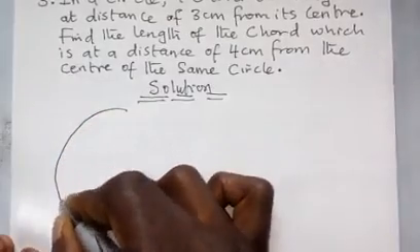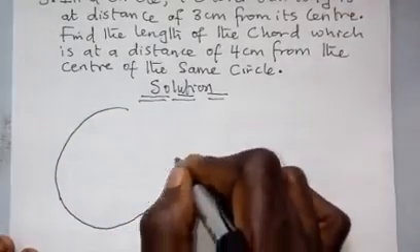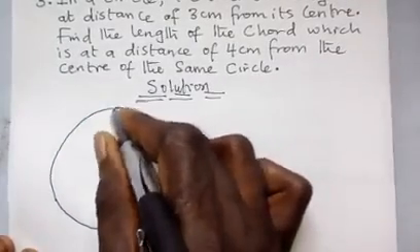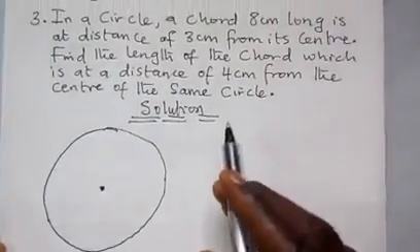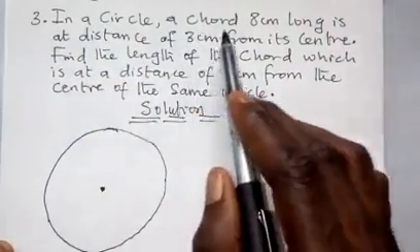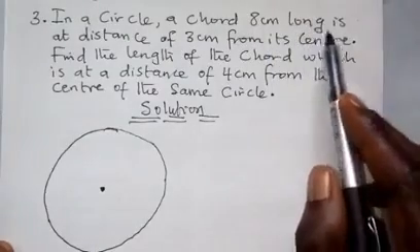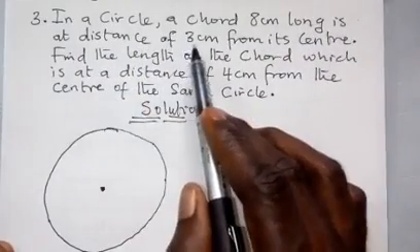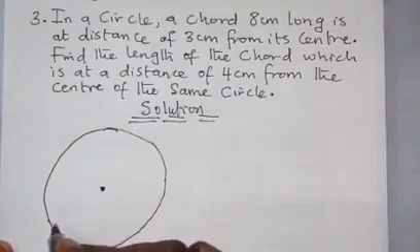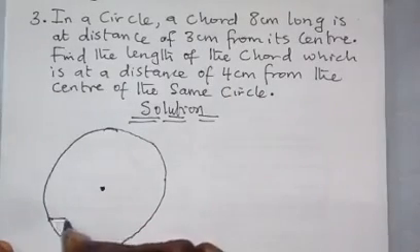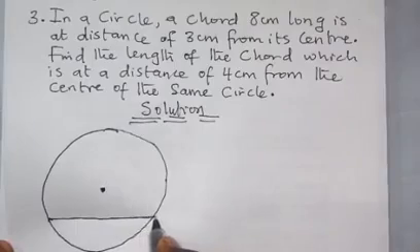So let's represent the circle. Let's draw the circle first of all. A wonderful circle that is. Okay. Then this is the center of the circle. We indicate that. Now let's take the first one. It says in a circle, a chord 8 centimeter long is at a distance of 3 centimeter. Let's represent this. Let's assume that 3 centimeter is quite closer to the center.